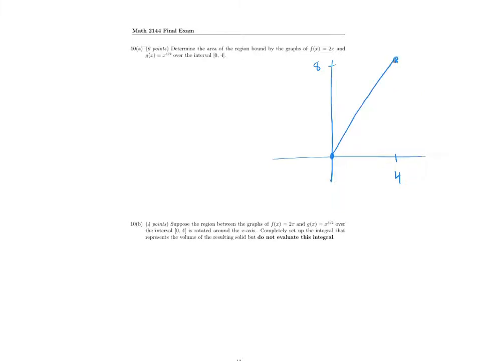Okay. And then this graph, x to the 3/2, also is going to go through 0 here, so this is 2x. And then at 4, the function is also at 8. Let's take a look at the graph of x to the 3/2.